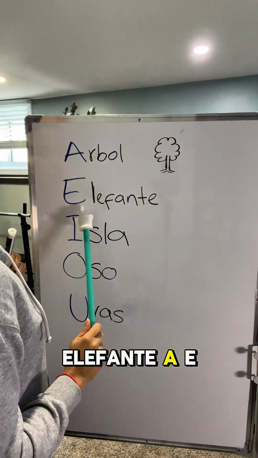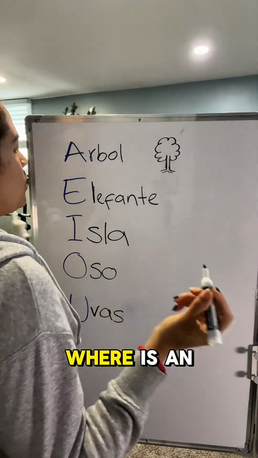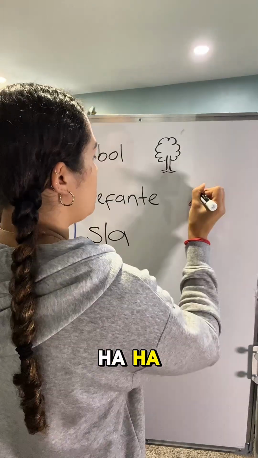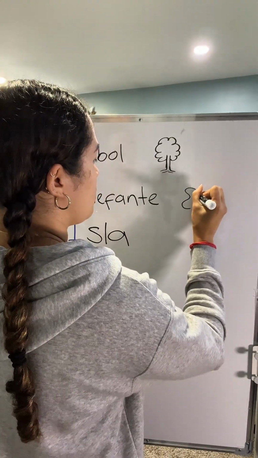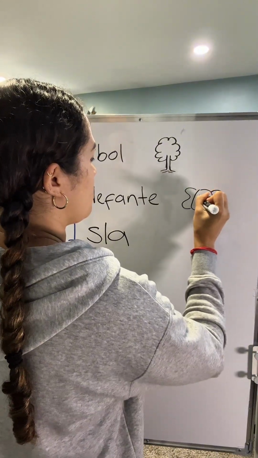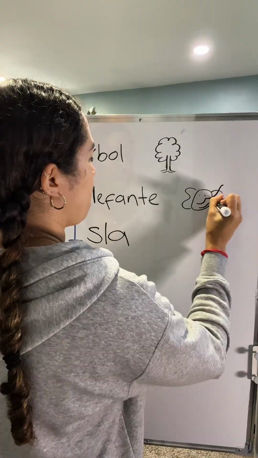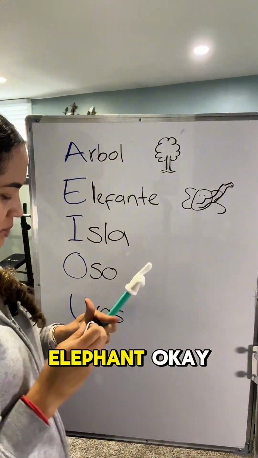Elefante. E, E, A, E. Elefante. What is an elephant? I already told you. Elephant, okay?